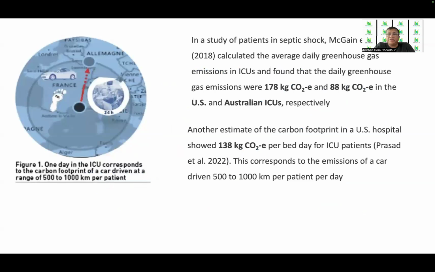If you look at the literature, in a study in patients of septic shock, McGain in 2018 calculated the average daily greenhouse emissions in the ICUs, and found that the daily greenhouse gas emissions were 1678 kg of carbon dioxide equivalent and 88 kg of carbon dioxide equivalent in the ICUs in US and Australia respectively.